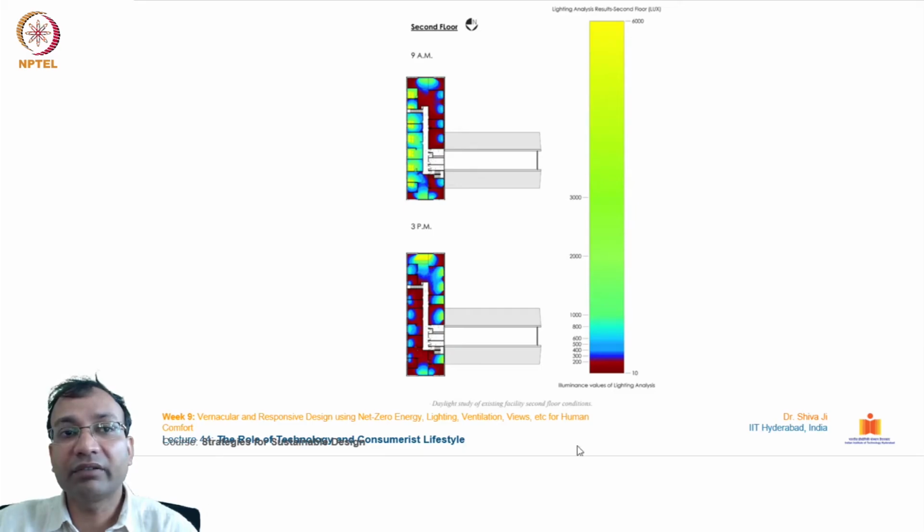This is the chart given over here, the illuminance value of the lighting analysis, ranging from 10 to 6000 lux. You see with this color coding how these windows are enabling this particular set of rooms to get sufficient light in the morning hours, and in the evening hours this side. So why is this kind of simulation and analysis important?